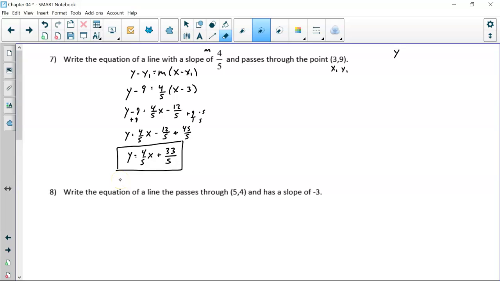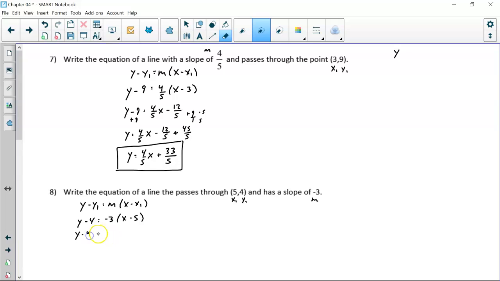Let's try it again. Number 8. Here's our x1, y1, that's our point, and our slope is -3. So y minus y1 equals m times x minus x1. So we have y minus 4 equals -3 times x minus 5.